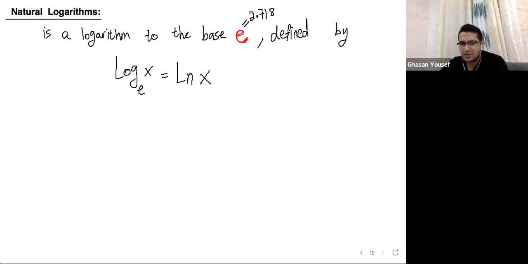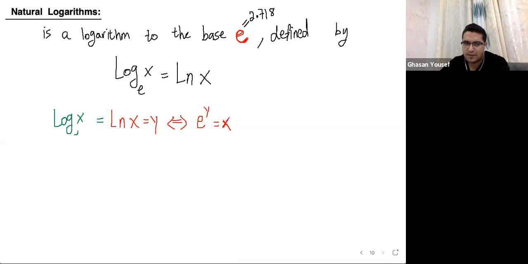You should also know that ln x equal y is equivalent to e to the power y equal x, because ln of x equals log x to the base e, and if this equals y, then e to the y equals x.